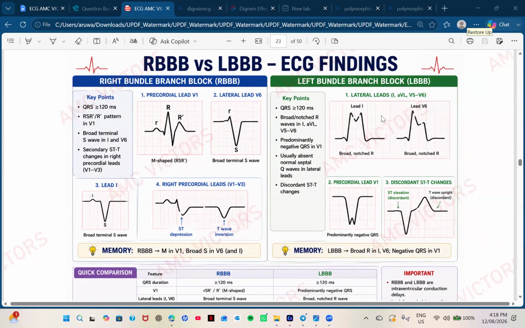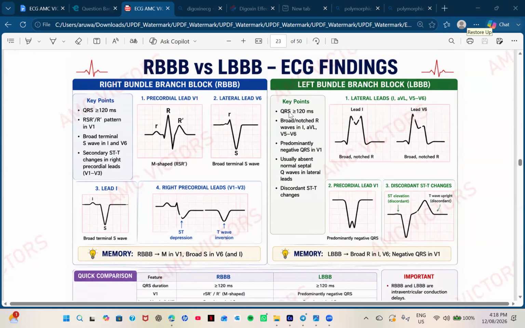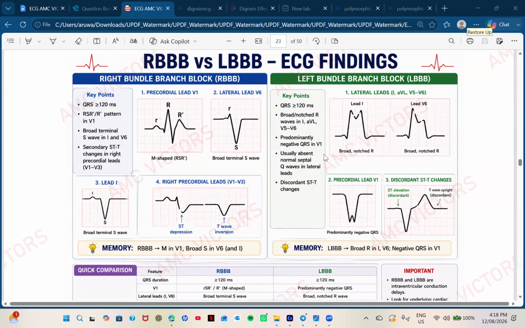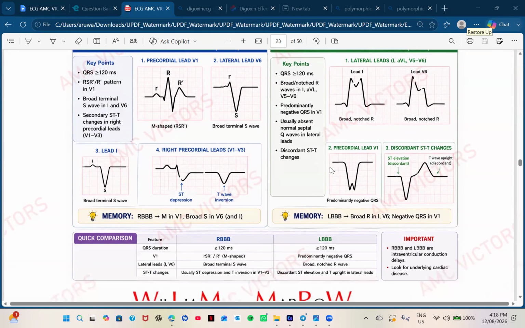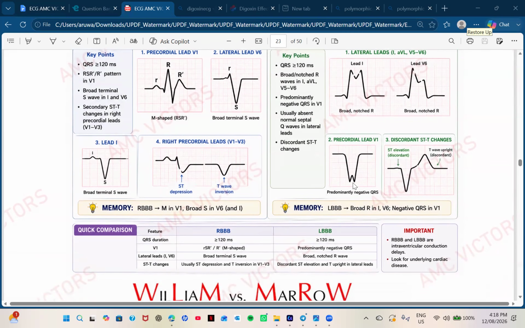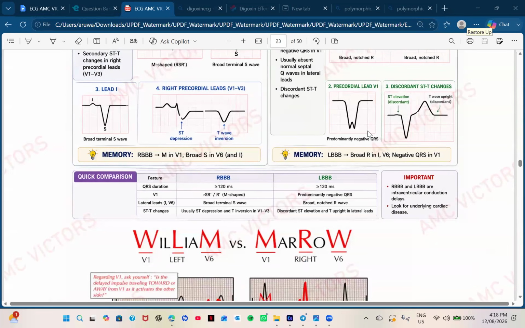Okay, what about the left bundle branch block? Here also the broad complex, right? Broad complex QRS, so more than 120 milliseconds here. Broad notched R wave in lead 1, aVL, V5, you should remember it as V6, right? And in V1 you can see the W, a predominantly negative QRS like a W letter.